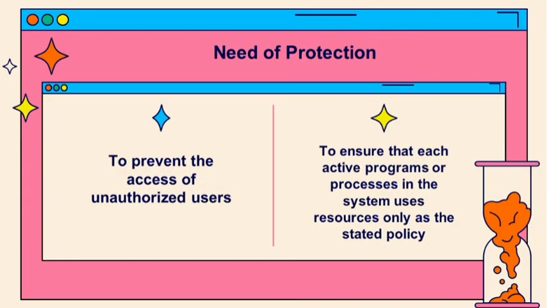And why do we need protection? It is to prevent the access of unauthorized users, to ensure that each active program or process in the system uses resources only as the stated policy, and to improve reliability by detecting latent errors.